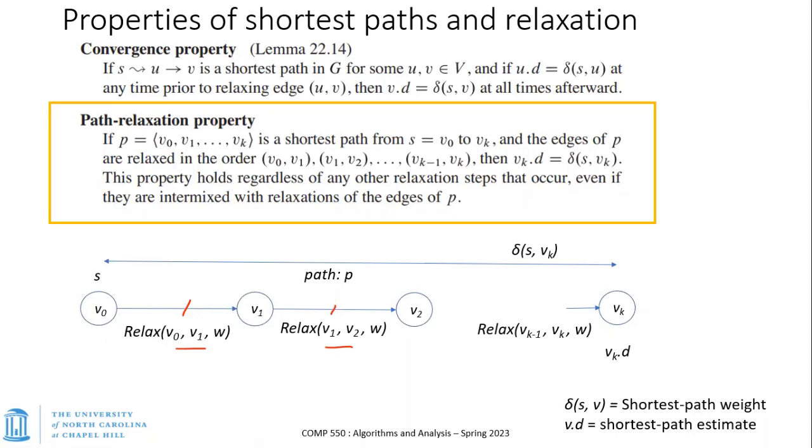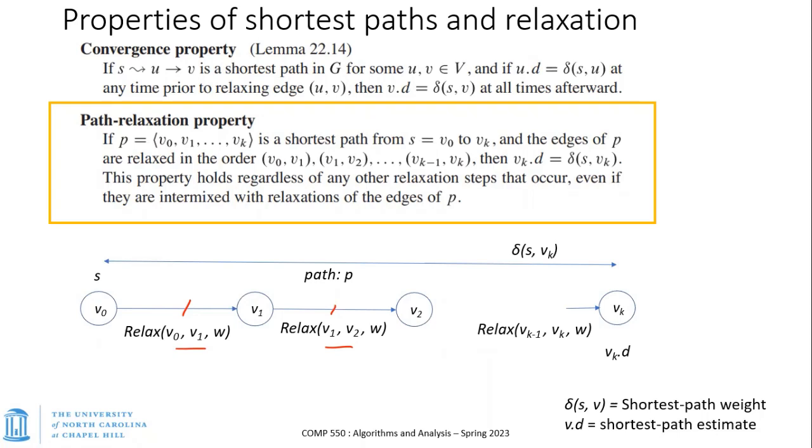If that happens, then it's guaranteed that when we finally relax the last edge, the estimate at the final destination is going to be the shortest path weight.